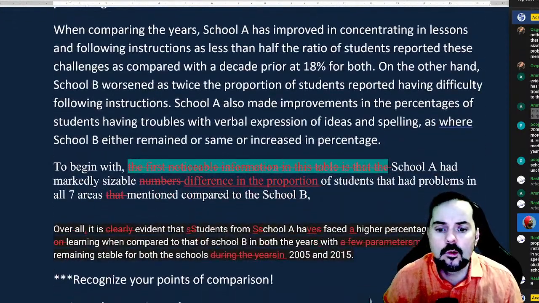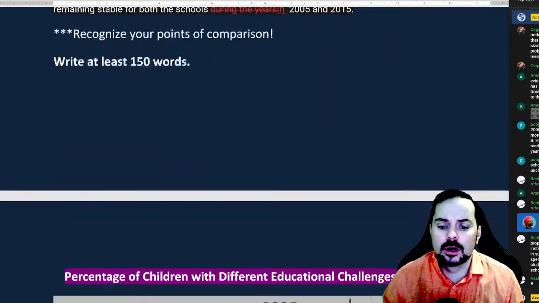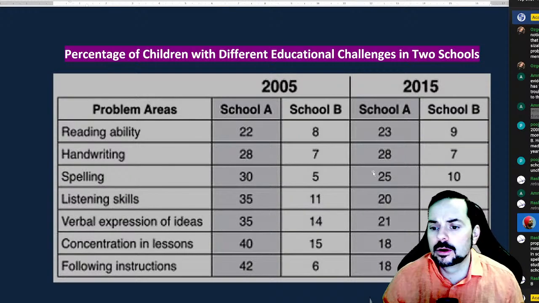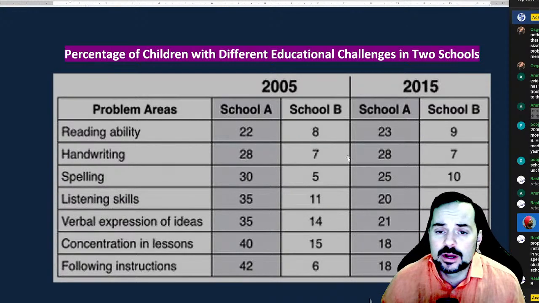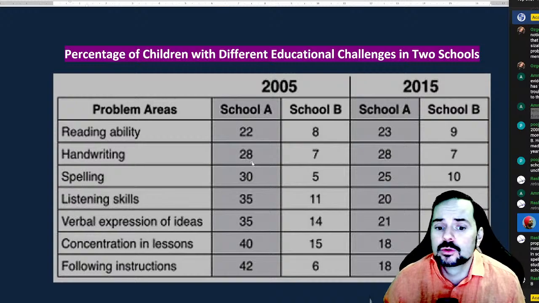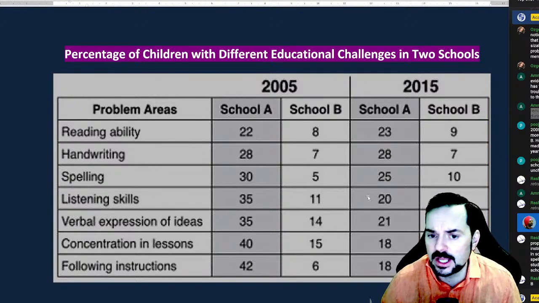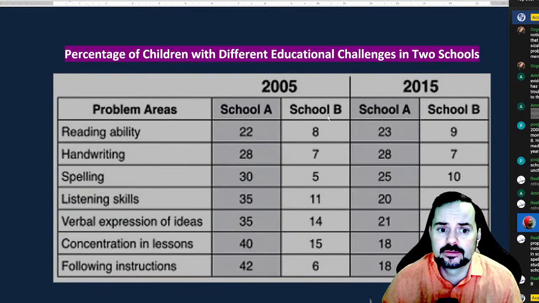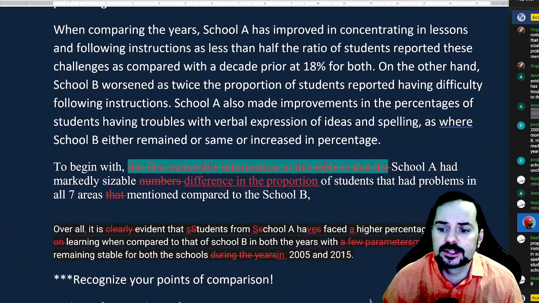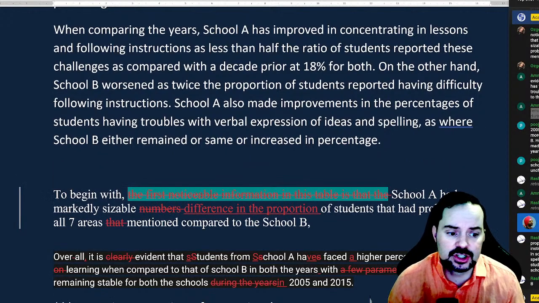Okay, so what can we take away from the data? Well, clearly school A is making some improvements. School B is decreasing, right? So that's what we can summarize after we've finished all of this.